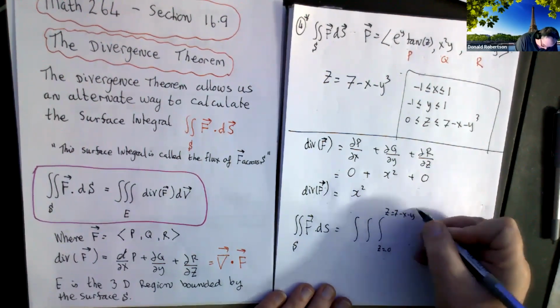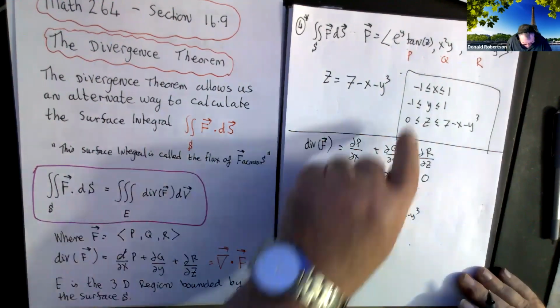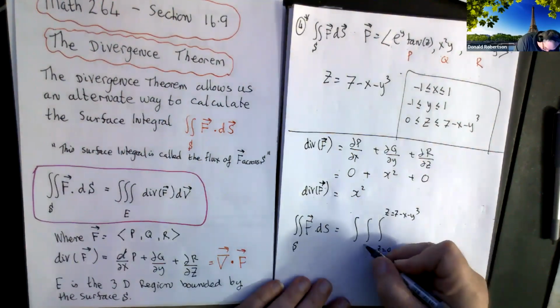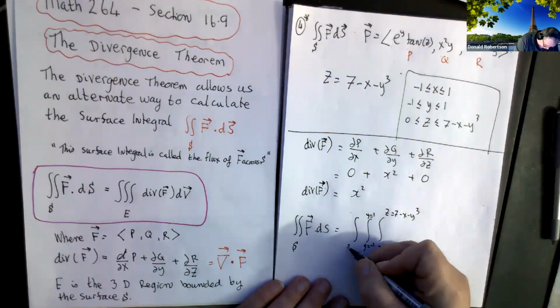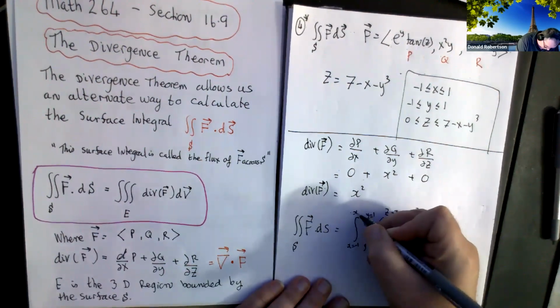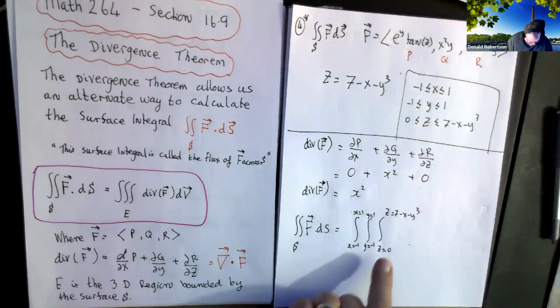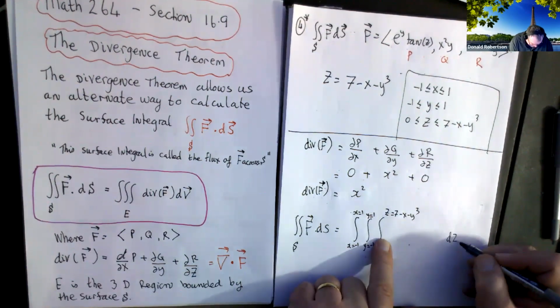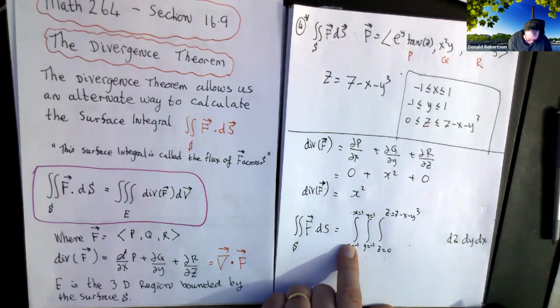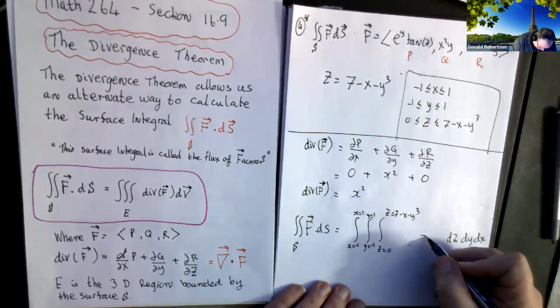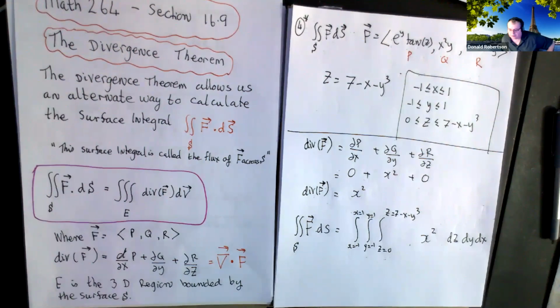After that, these both contain numbers, so I'm just going to choose to do y next and choose to do x last. And since I'm doing z, then y, and then x, that's that guy. And the div goes in here, which is just x squared.